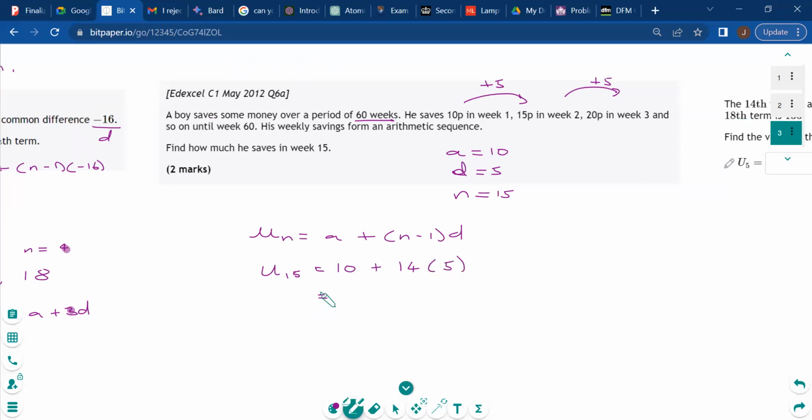So the amount that he saves in the 15th week is 10 plus 14 times 5, which should be 80 pence. You do not want to be adding the number 5 14 times. Why don't you want to be doing that? Well, number one, it's going to take you too long. You might make a mistake. And actually, isn't that what you're doing with this formula anyway? It's just trying to take that idea and make it easier. So 80 pence in week 15.